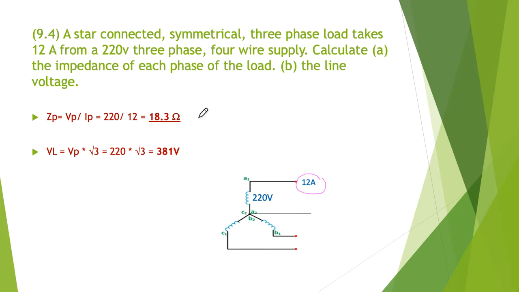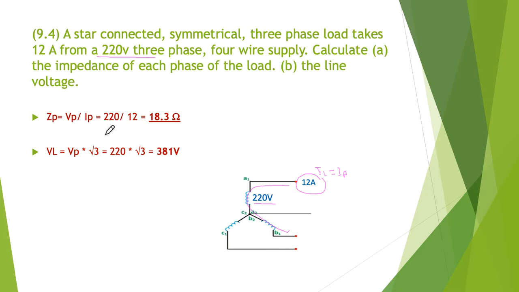So they've given us the phase voltage up here at 220 volts. So it's not too difficult to work out the impedance straight away. Because it's a star circuit, this current is both I line and also I phase.